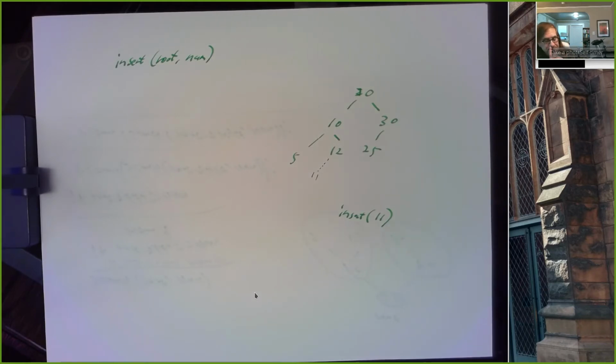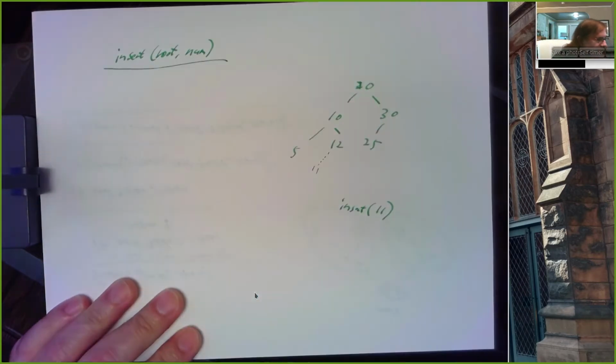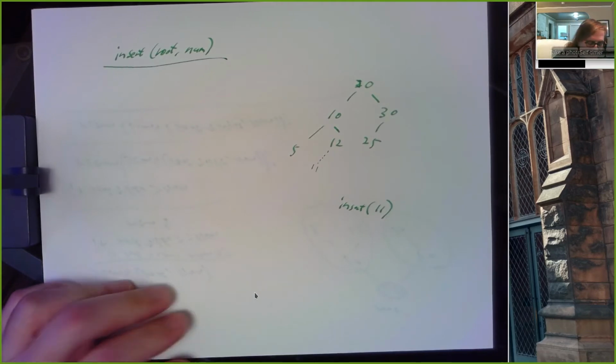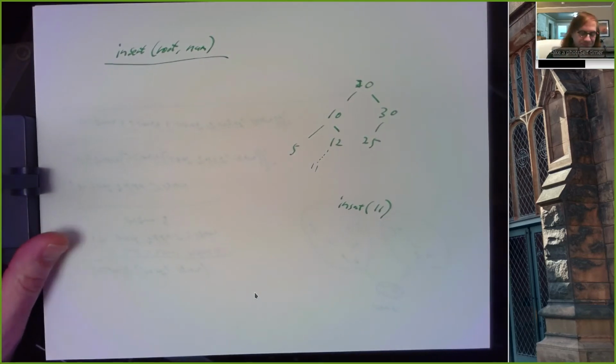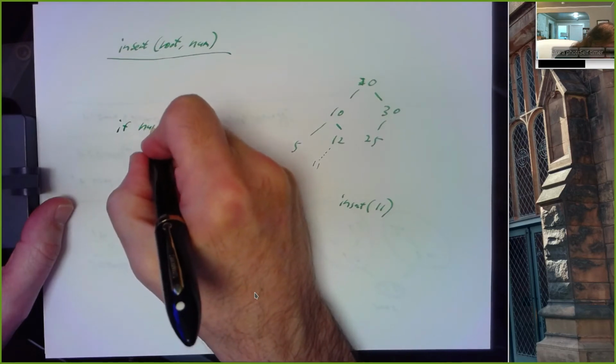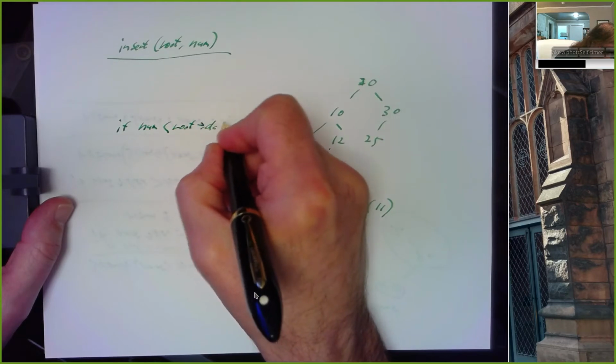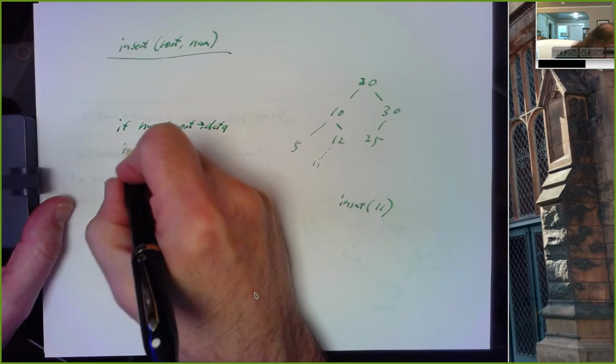So how do we do this recursively? Well, here's the basic setup. We're going to have to embellish this a little bit, but here's the basic high-level approach. If our number is less than root data, what do we want to do?